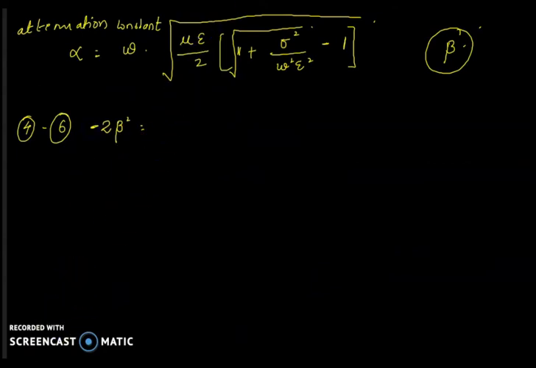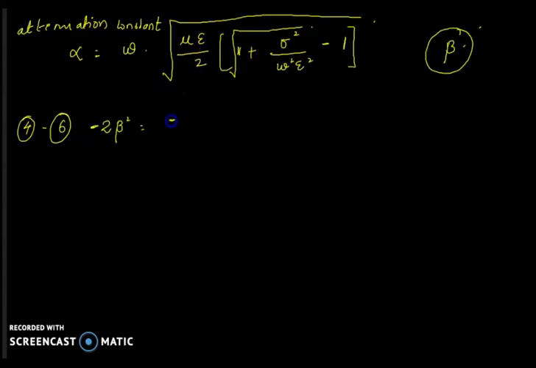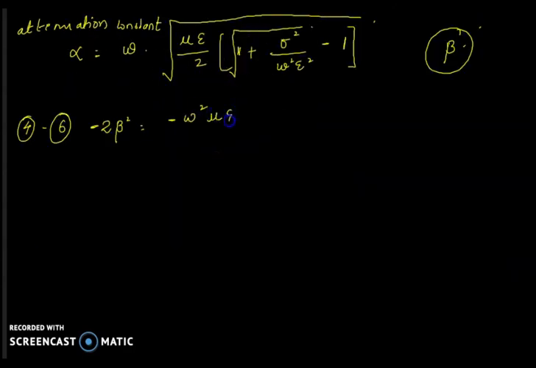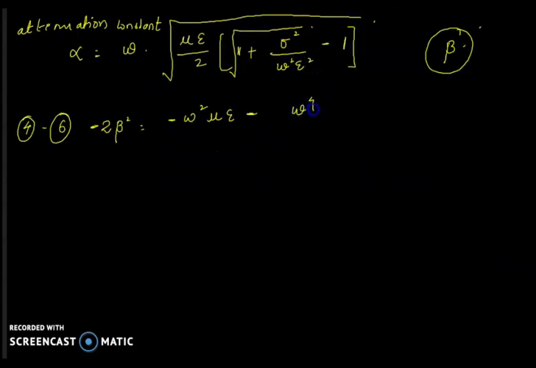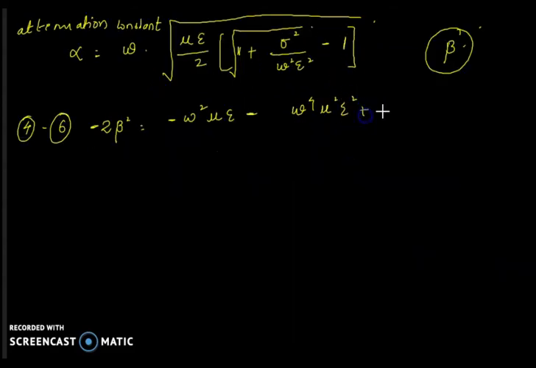So this will become minus omega square mu sigma and minus omega power 4 mu square sigma square plus omega square mu square sigma square, that will come in square root.